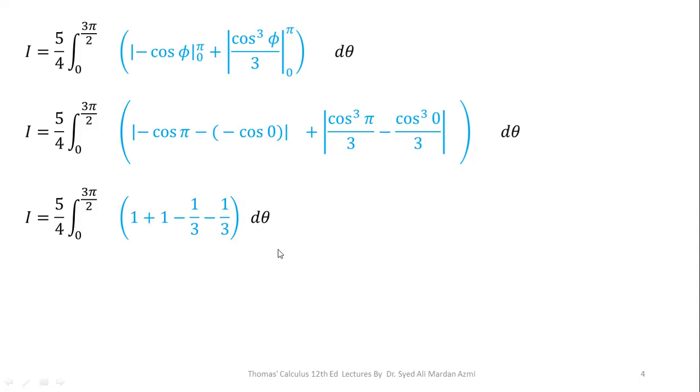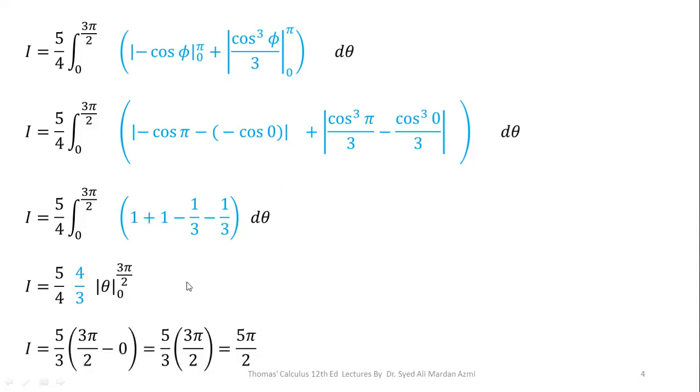Now all the terms are constant, we can take them outside and we can perform the integration of d theta for the limit 0 to 3 pi by 2 as theta. Making the simplifications and applying the limits, we have 4 and 4 cancelled out. So I have 5 over 3. And from here, when we apply the limits, we have 3 pi by 2 minus 0. So after this, we can multiply 5 by 3 with 3 pi by 2. After simplification and cancellation, I have 5 pi by 2 as my answer.